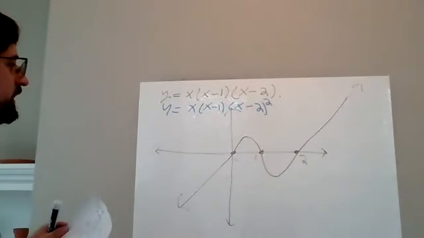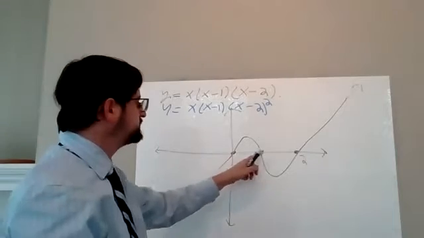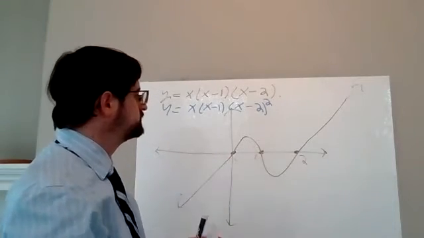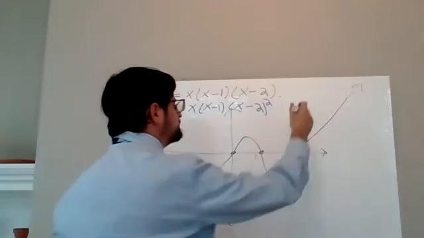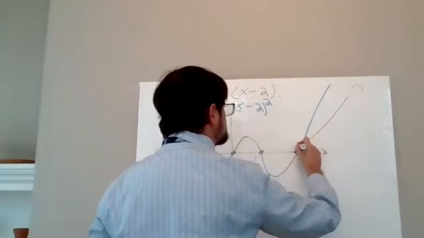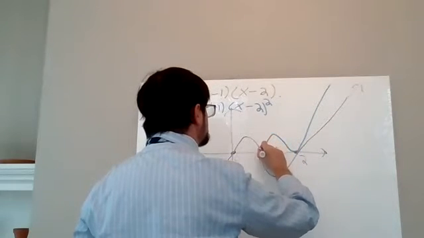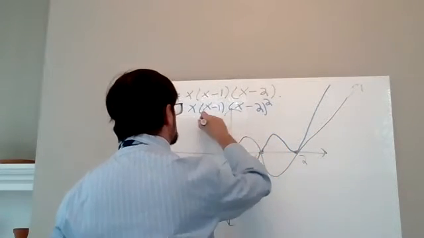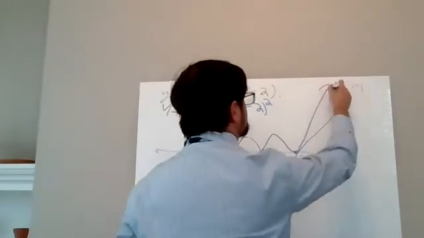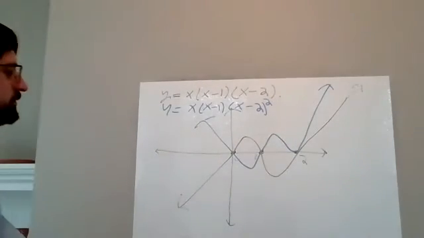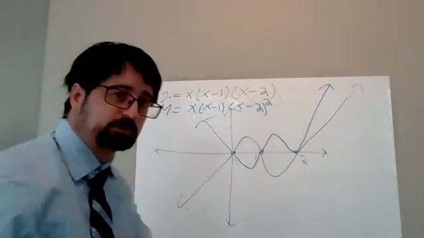Notice it's blue now. This is going to have the same zeros. But look what happens. It's going to look like it bounces. Now it's going to go through here, and it's going to go up. So the blue curve looks different.